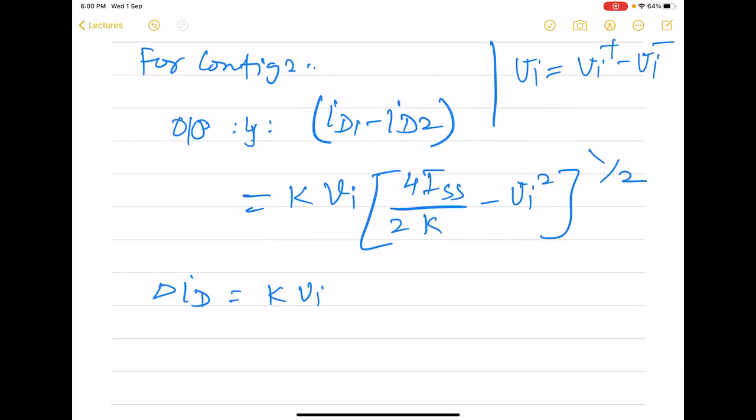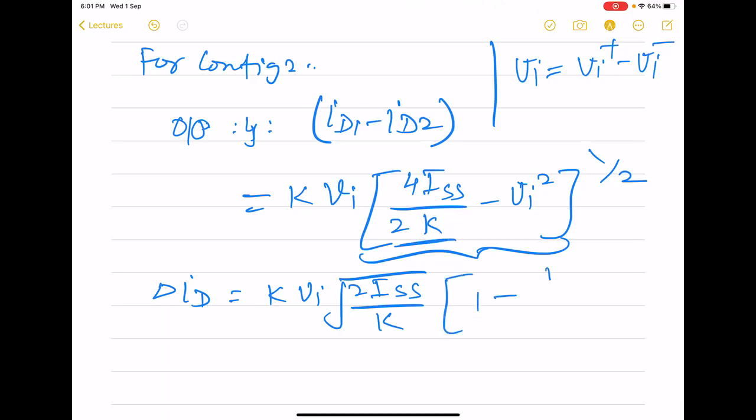And here we can now take a certain factor outside so that we can expand this square root term. So we take 2 ISS by K outside, and then we get 1 minus VI square divided by 2 ISS by K, to the power 1 by 2.